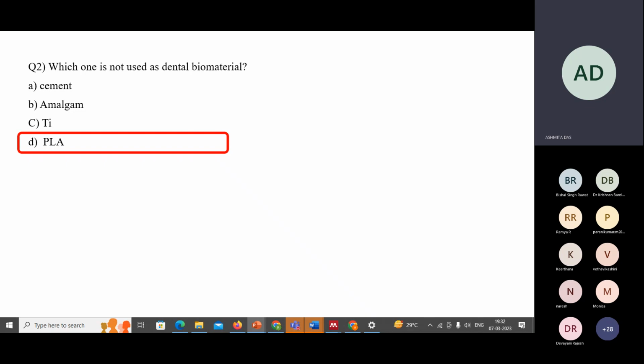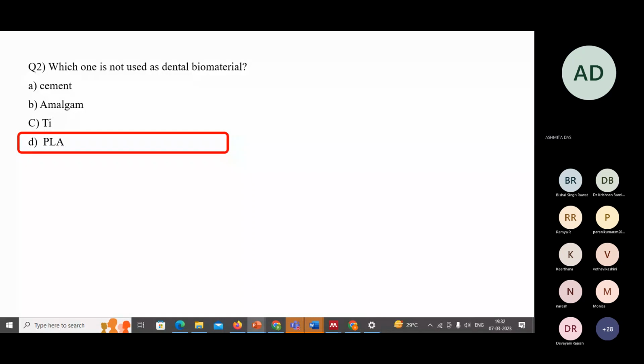Basically. And next one, what is the use of amalgam? Any idea? It's used to fill cavities caused by tooth decay or something like that. Amalgam is basically an alloy, madam. Is it an alloy?